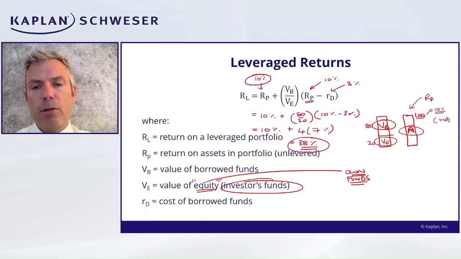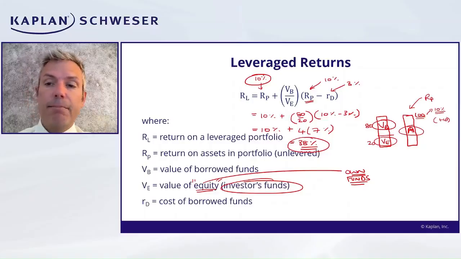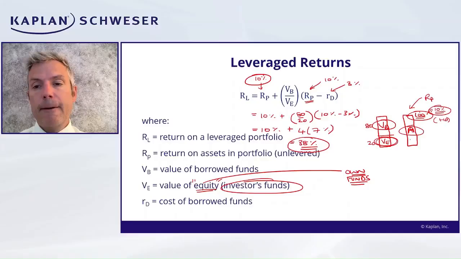And so why are your returns magnified? They're magnified basically because you've got $100 of exposure, which is earning 10%, but you've only put up 20. Incidentally, useful throughout the rest of the curriculum will be to just acknowledge the leverage multiplier here. Leverage multiplier is the value of your assets relative to the value of the equity that you put up. It's called VE here, all right?